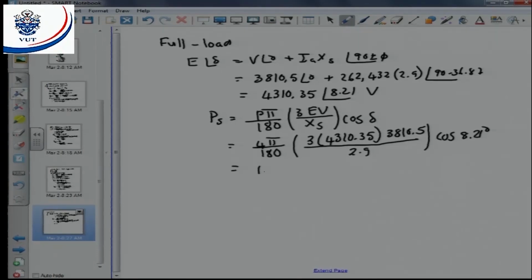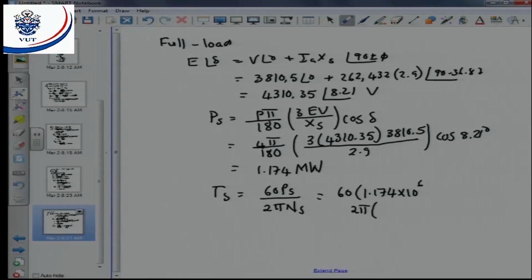That gives us 1.174 megawatts. Synchronizing torque is 60 PS over 2 pi ns, which gives us 60 times 1.174 megawatt divided by 2 pi and 750, gives us a value of 14.952 kilonewton meters.